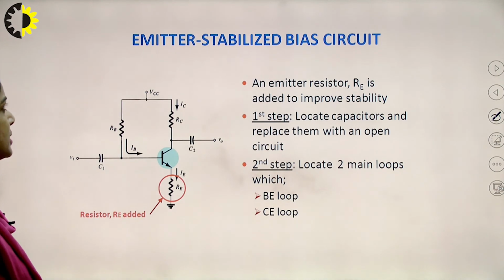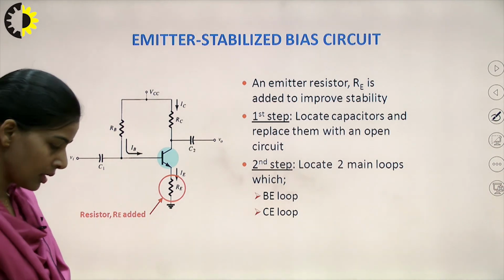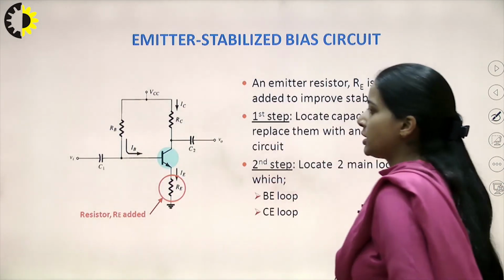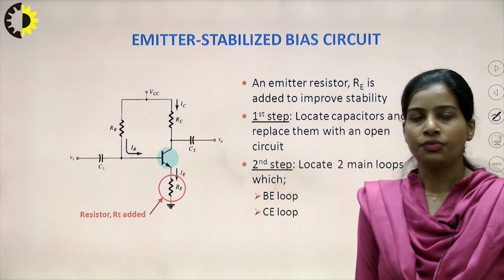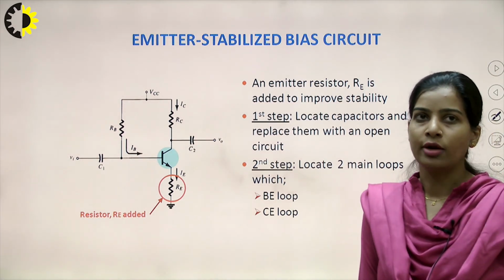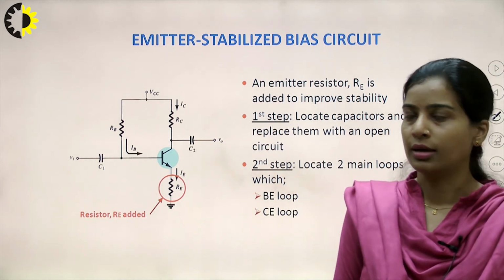The next biasing configuration is the emitter stabilized bias circuit. As I have discussed, fixed bias has a very high value of stability factor, so we cannot use it for the linear applications of the circuit.